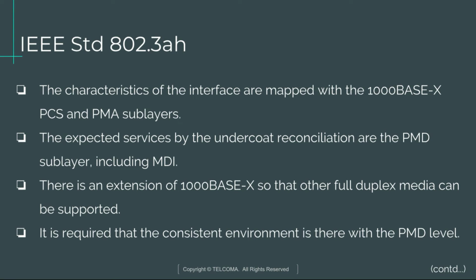The characteristics of the interface are mapped with the 1000BASE-X PCS and PMA sublayers. The expected services by the underlying reconciliation are the PMD sublayer including MDI. There is an extension of 1000BASE-X so that other full duplex media can be supported. It is required that a consistent environment is there with the PMD level.